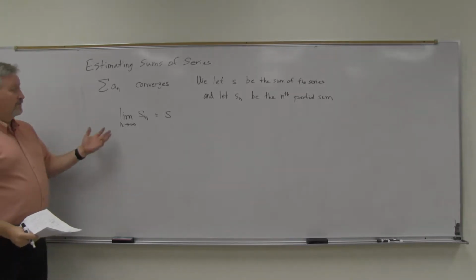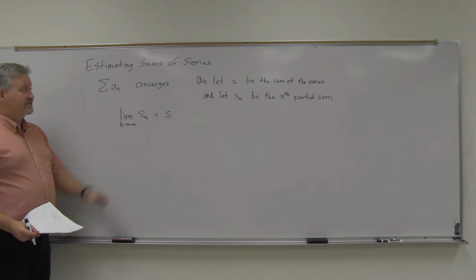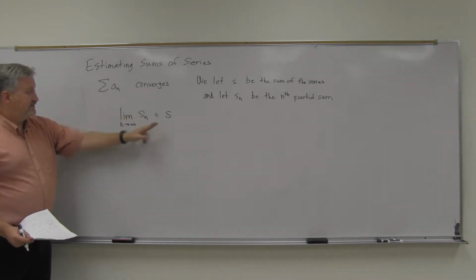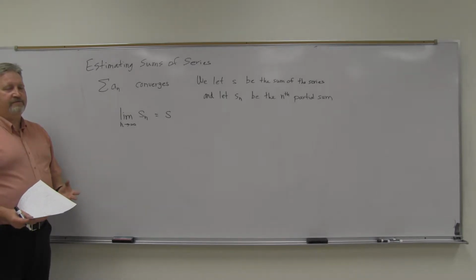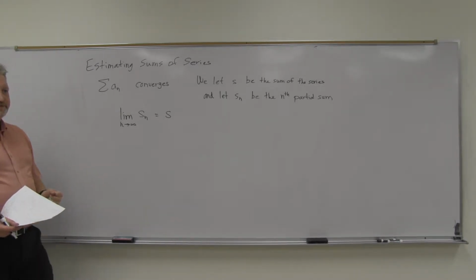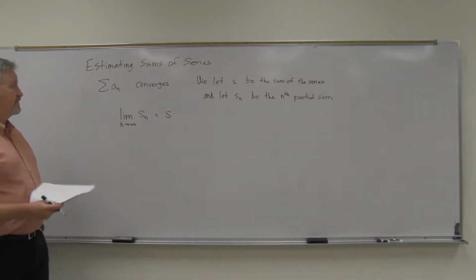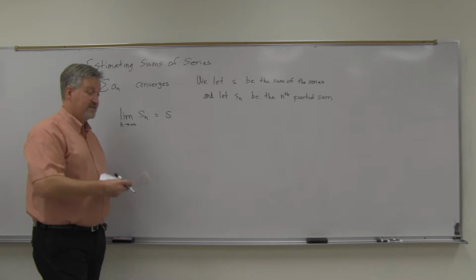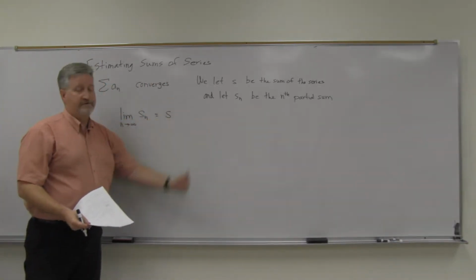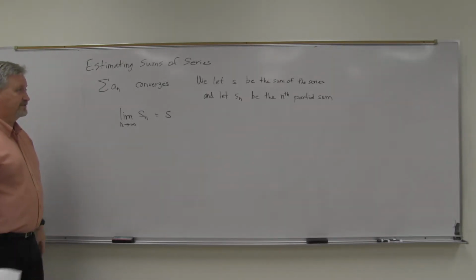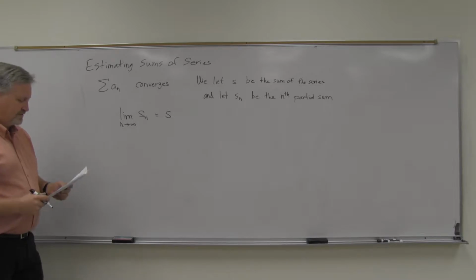So one way to figure out what this series sums to, what it converges to, the S, is by doing this limit. In practice, that's pretty difficult to do. So the next best thing is to estimate the sum by just using a partial sum and figure out how close you got it, or how close you need it, and then figure out the partial sum off of that.